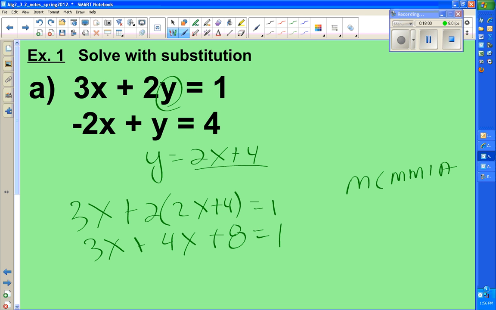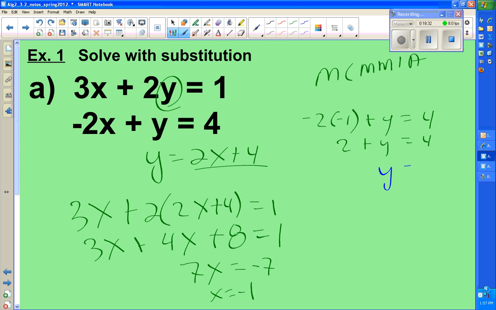So here we're going to get 7x equals -7, and x equals -1. What do I do with that -1? Which equation? 2x plus 4. The second one? Okay. So -2 times -1 plus y is equal to 4. 2 plus y is equal to 4.